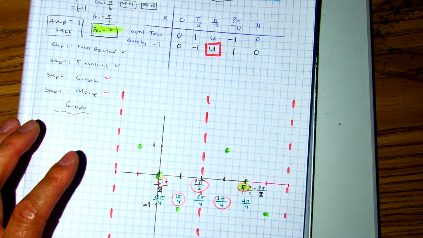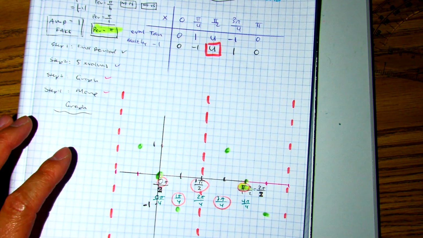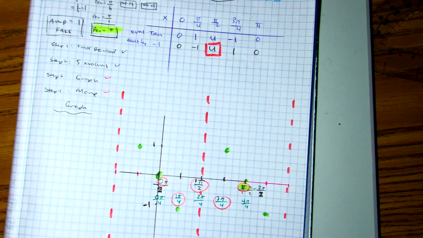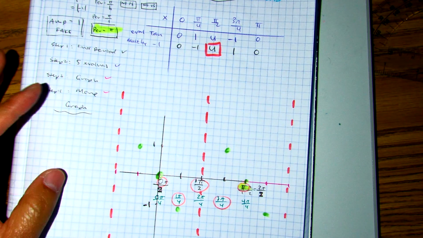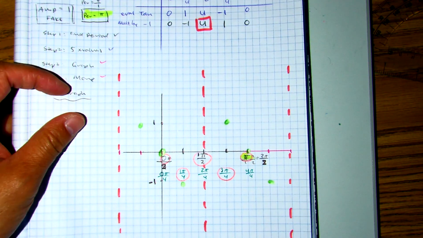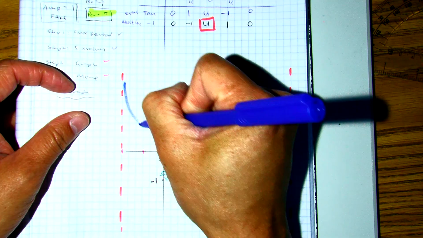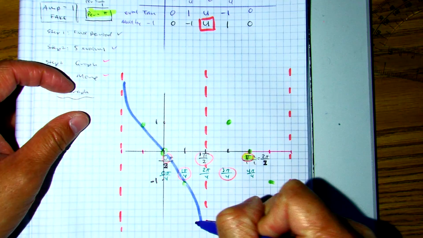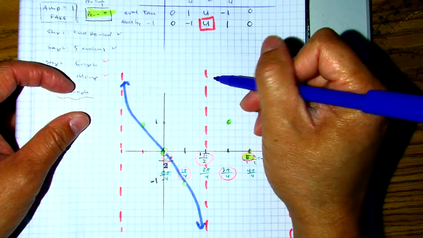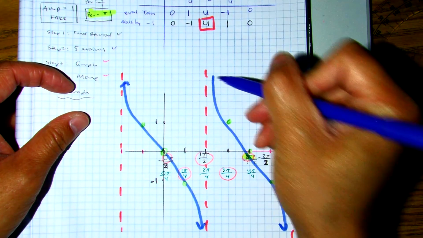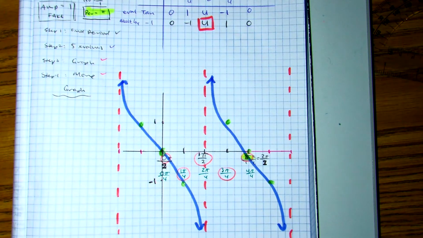Alright, let me draw the graph now. The next 2 days we're going to be graphing tangent and cotangent, and tangent looks like, I call it a snake. Alright, some clues about tangent and cotangent.